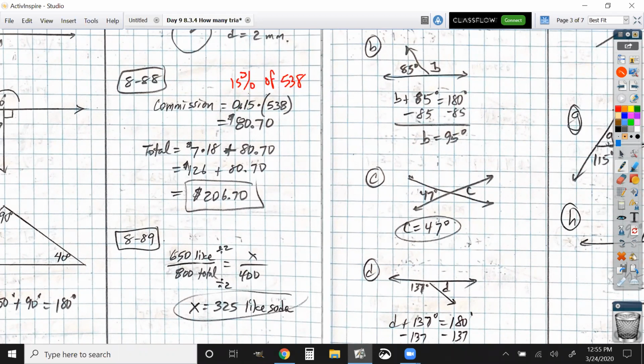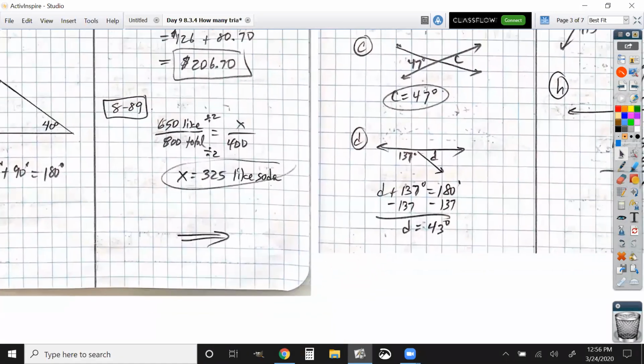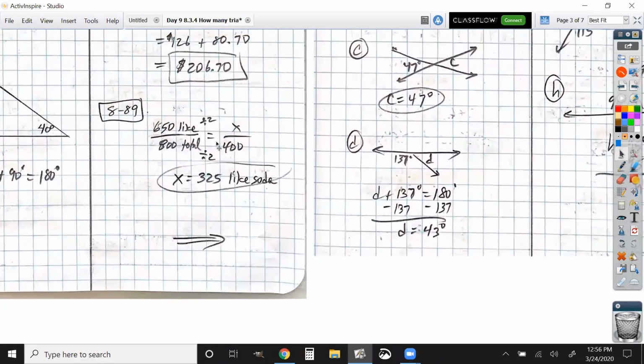Of means times, 15% as a decimal, and I got that. If that's the commission, then the total would be $7 times 18 plus the commission. And therefore it'd be a total of $260.70. Problem 889, I used a proportion, but instead of cross multiplying, I divided both of these by a factor of 2. It's kind of like the giant 1 method, right?